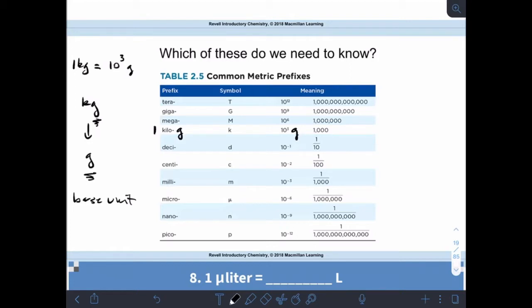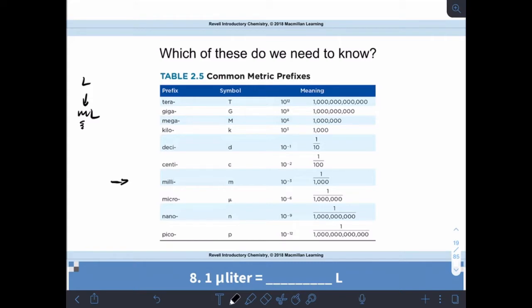Okay, and I can do that with just about anything. So if I erase this business, and let's say I want to go from liters to milliliters. Okay, so notice that milli, that's a prefix. So I'm going to come down and find milli, and it's right there.